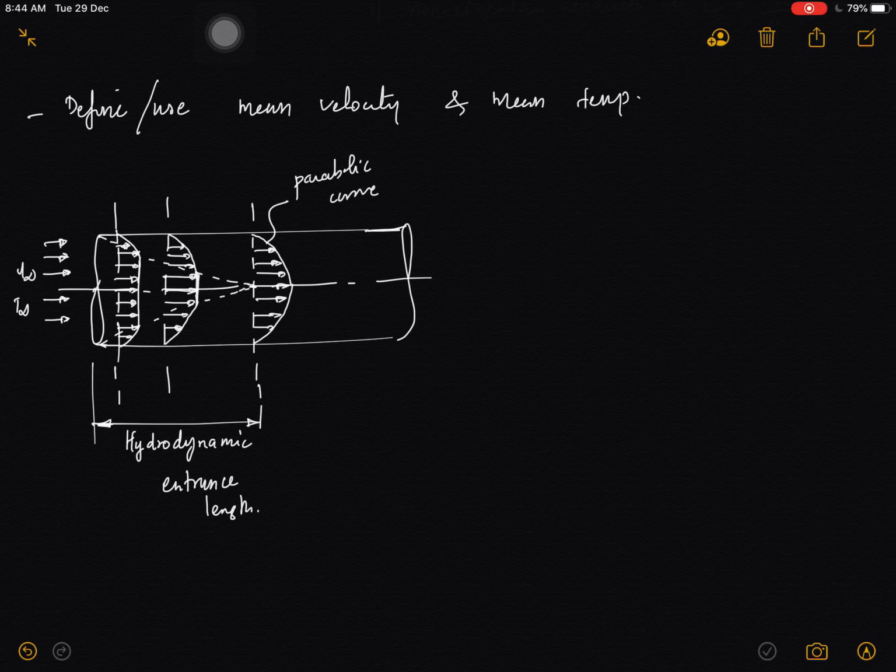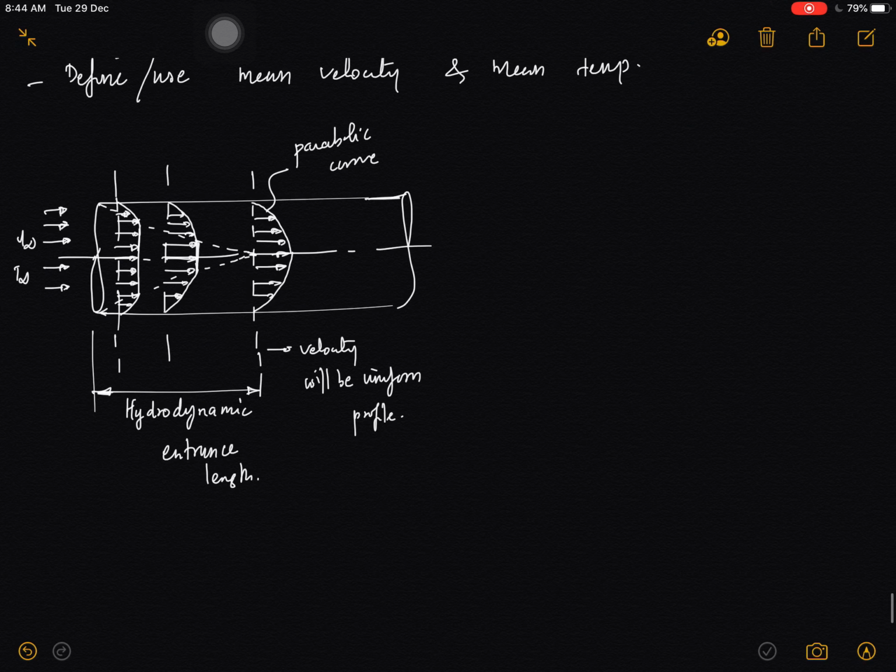Beyond this entrance length of the pipe, the velocity will not be uniform, but it has a uniform parabolic profile.